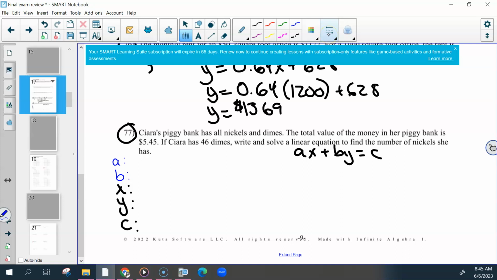So then we can start picking apart some of the pieces. The 545 would be C, because that's our total. We know we're talking about nickels and dimes, and we have to be specific about what that is exactly. That would be number of nickels, number of dimes, and that would be your X and Y, the things you don't know.